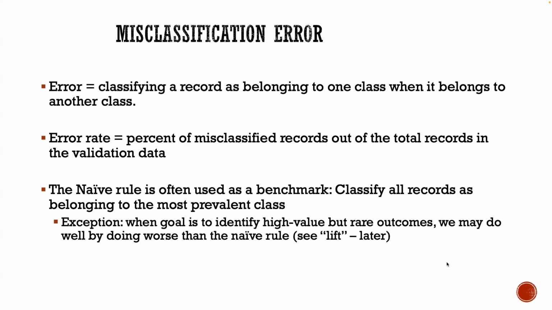So we will talk about this later: when would we want to do better, and when would we want to do worse than that? For example, tax frauds, things of that kind, which typically happen rarely but could be high value items. There we would want to do something different in terms of how we compare against the naive rule. So we will take a look at this later.